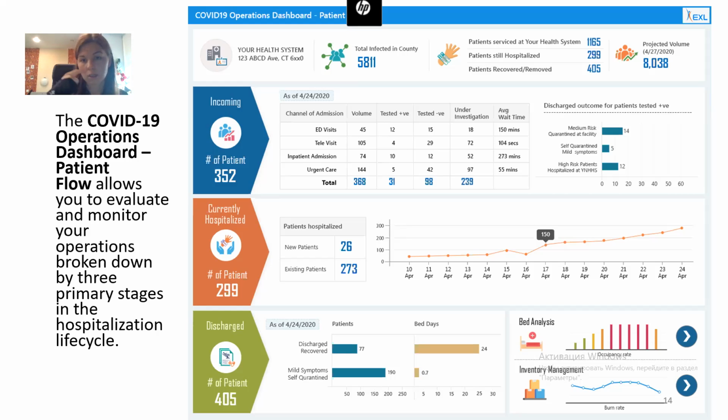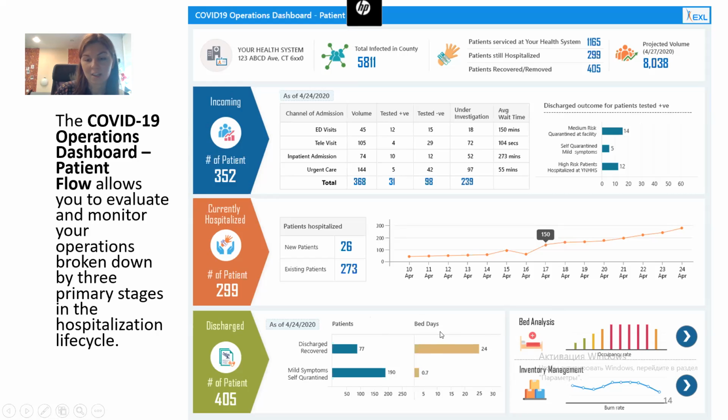And for a healthcare organization, you see here, for example, the COVID operation dashboard for patient flow, and it allows you to evaluate and monitor operations broken down by 3 primary stages in the hospitalization life cycle. So you see bed analysis, some management, patients, and bed days.